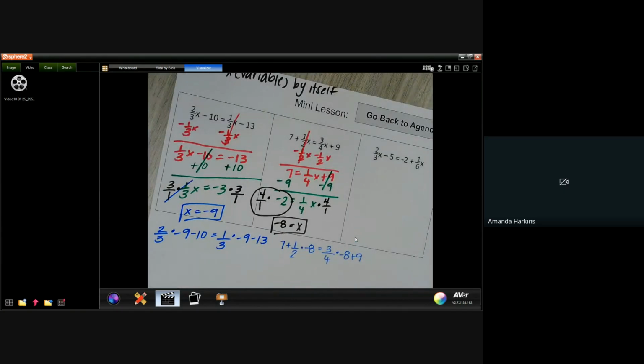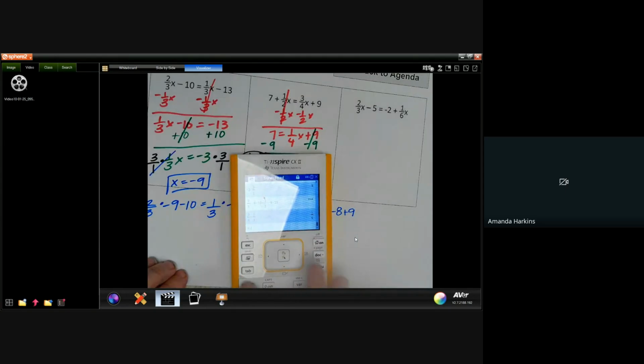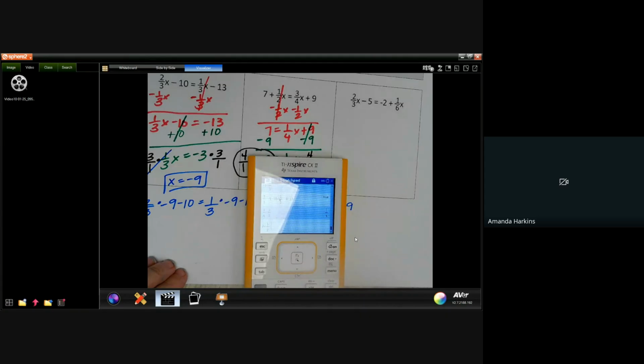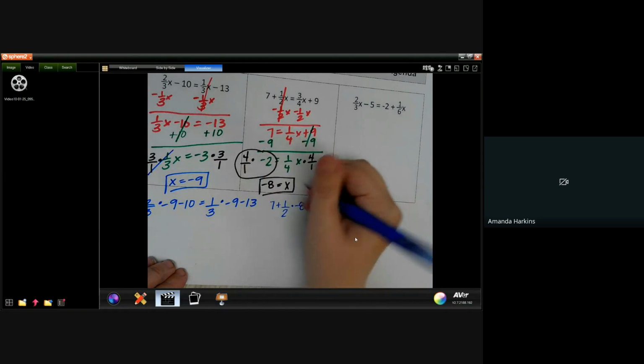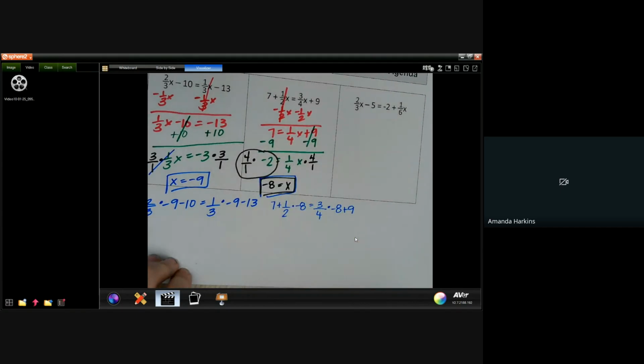I put that in my calculator. 7 plus, oops, plus half, equals. And it's true. I was able to justify my answer. I got it correct. Okay, y'all do the next one.